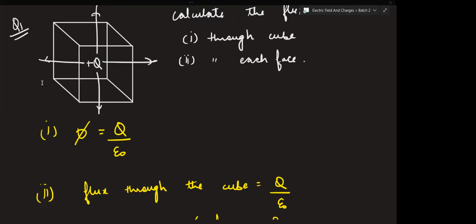Fatima, sometimes with the derivation of Gauss law, these questions come, so that becomes your full-fledged 5 marker. Otherwise, these come in the 3 markers. These have come in the 3 markers previously. If you look up the previous questions, especially this cube question is very common, even in your entrances.